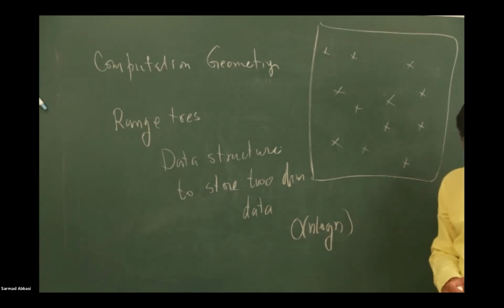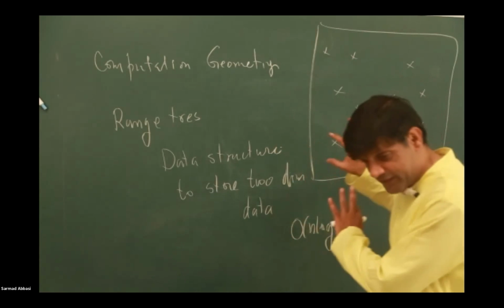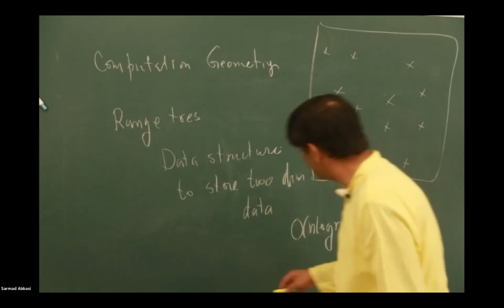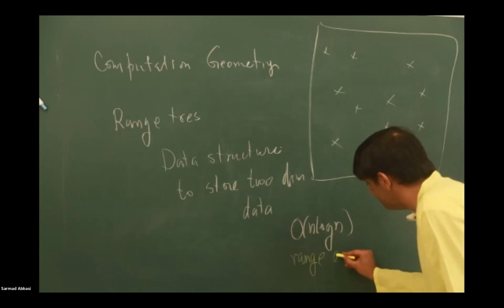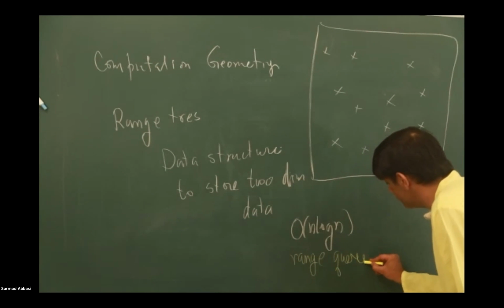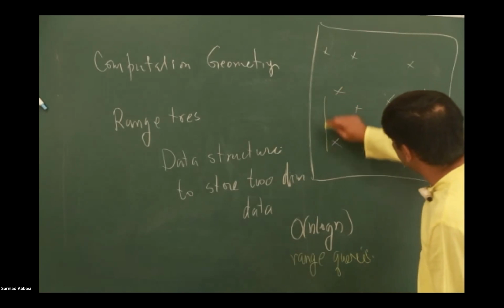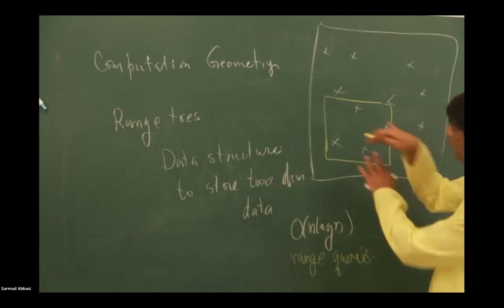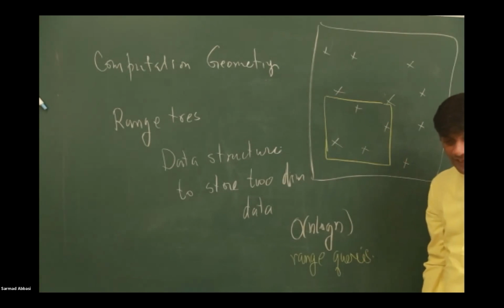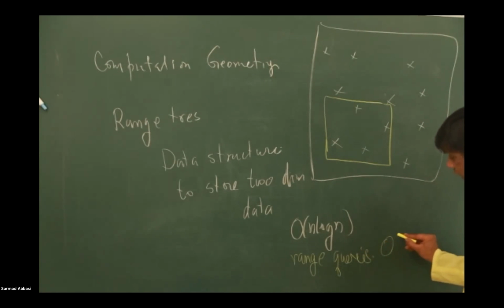Once they've been stored, you can do something called range queries. A range query is you give it a box, an axis-parallel box, and you say what are the points that fall in there, and this thing is going to reply to the range query in order log n time.